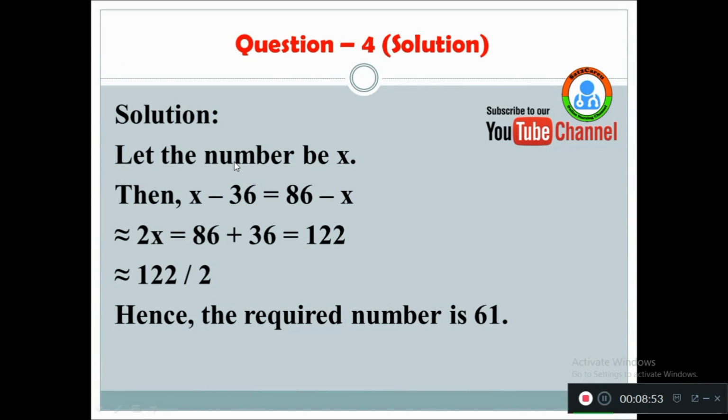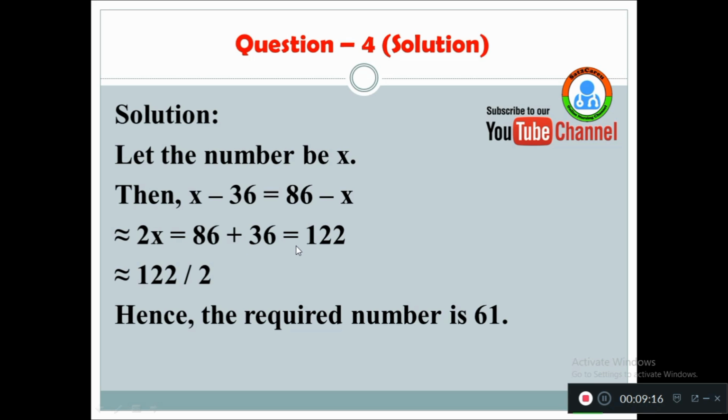Let the number be x. Then x minus 36 equals 86 minus x, so we are writing in this way. Then what is happening: when this x goes to that side, it becomes 2x, and when this minus 36 comes to the opposite side, it becomes plus 36.